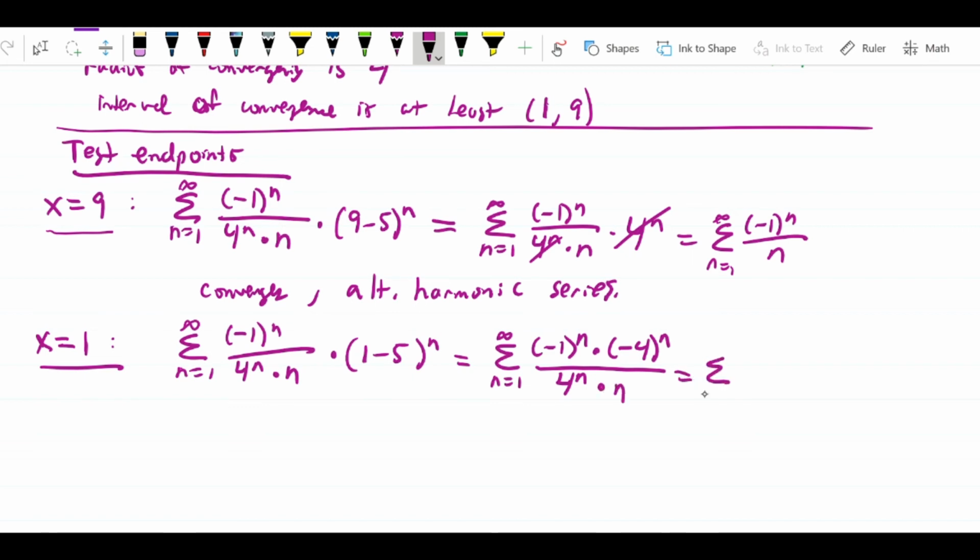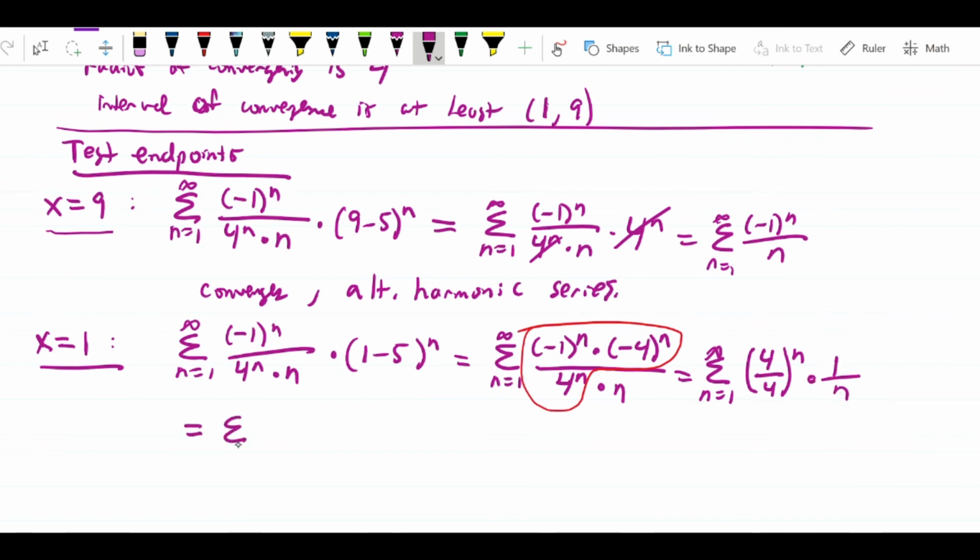If I simplify this a bit, I can combine all of these different things that are being raised to the n. That's going to be negative 1 times negative 4 divided by 4. In other words, negative 1 times negative 4 is 4, and then I have a 4, and those are all being raised to the n power. I'm just combining them using a law of exponents that you would have learned in algebra or pre-calc. And then this is going to be times 1 over n.